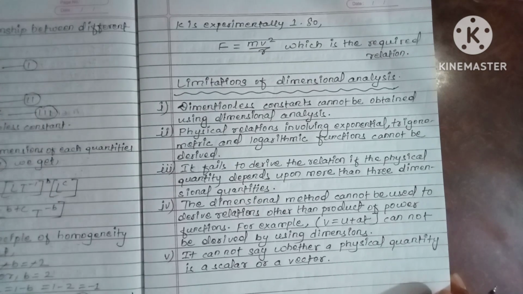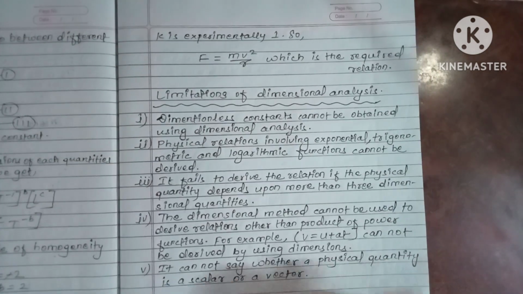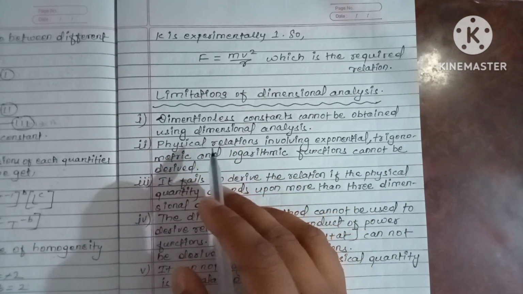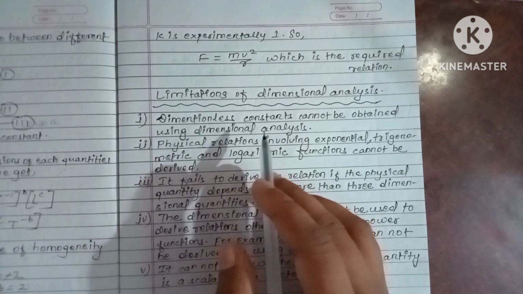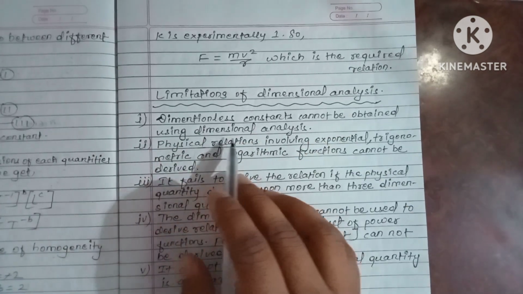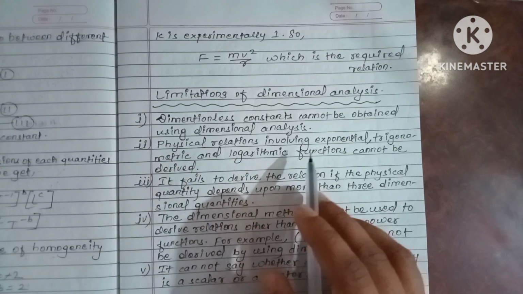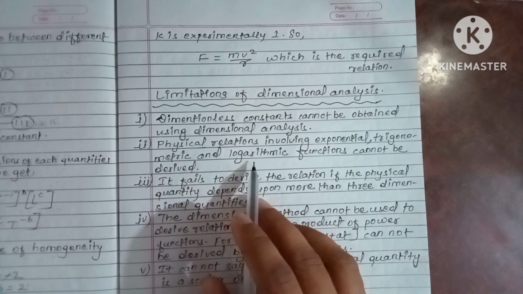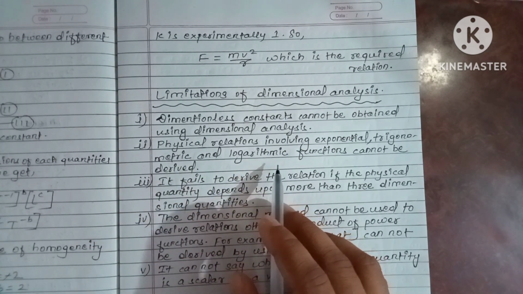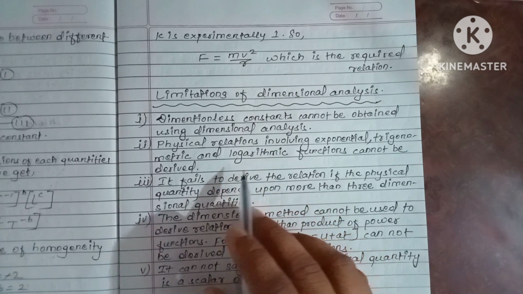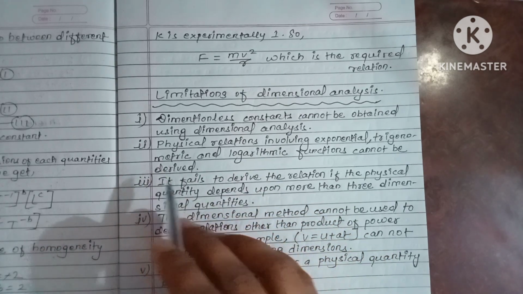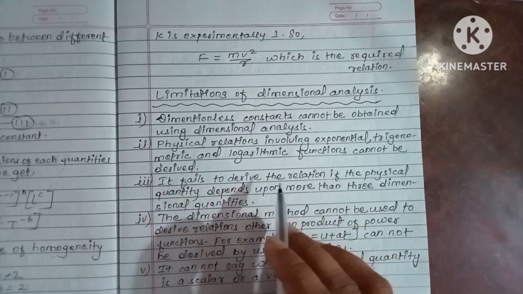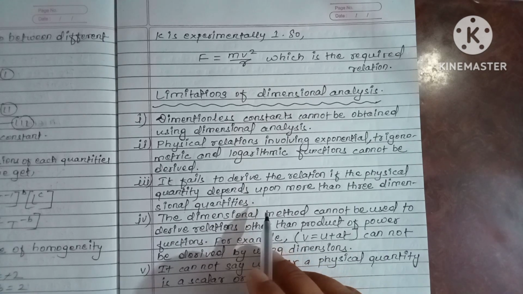Let's go over it once more. A dimensionless constant cannot be obtained using dimensional analysis, as we have seen in the example. Physical relations involving exponential, trigonometric and logarithmic functions, like the equations which have log, and the example of sine theta I showed you, cannot be derived using the dimensional formula.